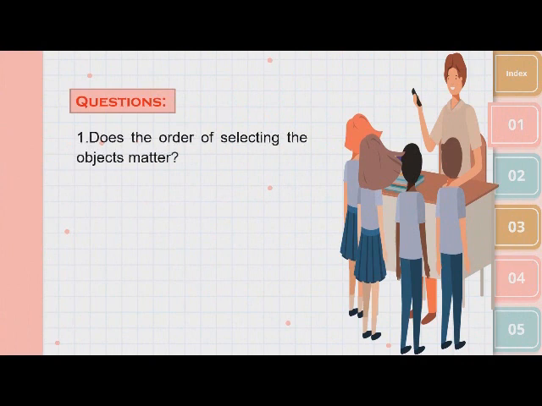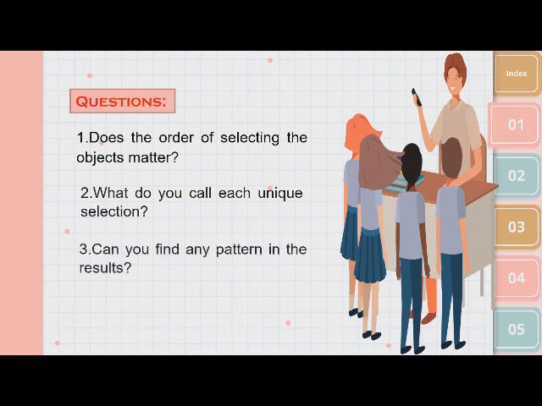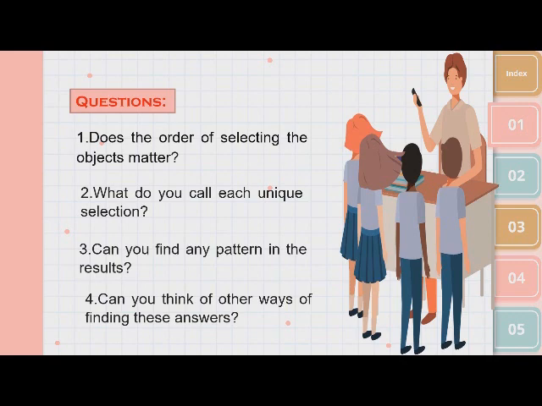Does the order of selecting the objects matter? What do you call its unique selection? Can you find any pattern in the results? Can you think of other ways of finding these answers? So, those are the questions that will be answered after you are done with this module number 3.